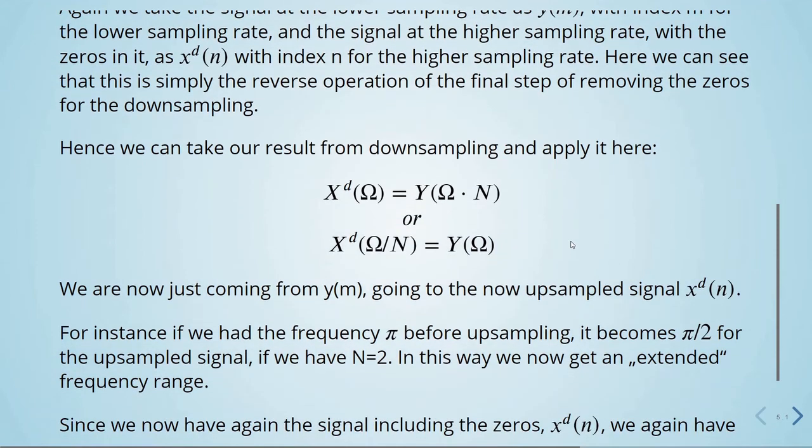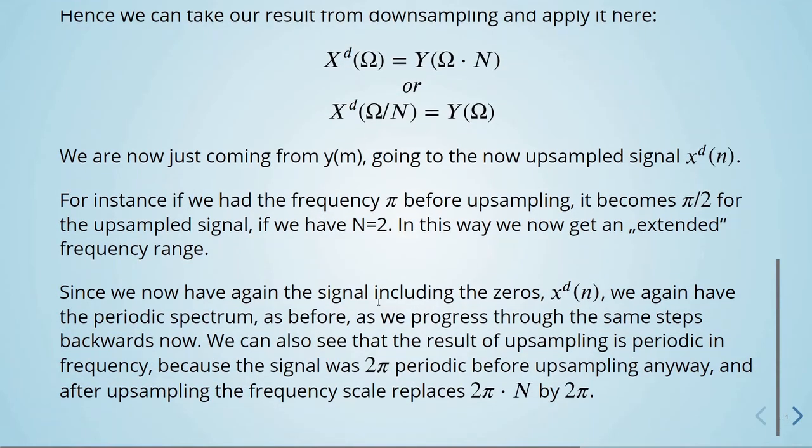For instance, if we had the frequency pi before upsampling, then it becomes pi divided by 2 for the upsampled signal, in case we have an upsampling factor of N equals 2. So in this way we now get an extended frequency range. Since we now again have the signal including the zeros, we again have this periodic spectrum as before, as we progress through the same steps backwards.